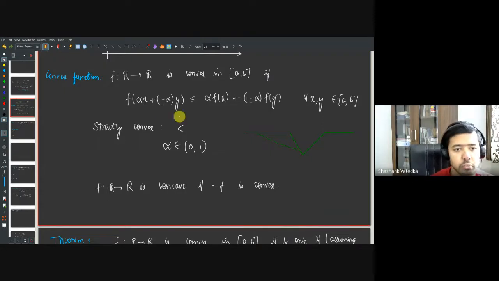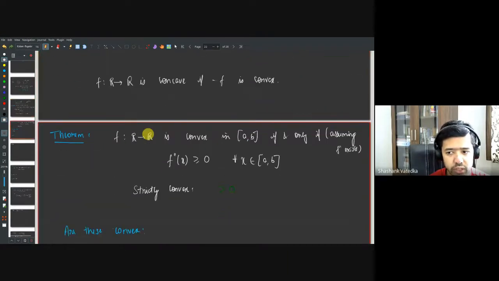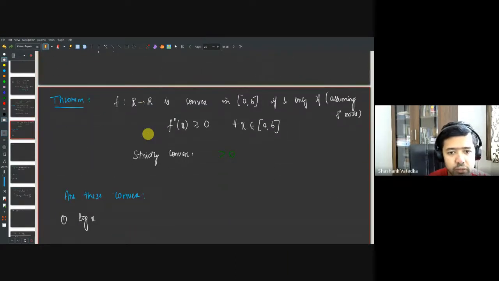Okay, so this is the formal definition of a convex function, but you may have seen this in a slightly different way in your plus two or the first year of your undergrad. You say that a function is convex, or this is a necessary and sufficient condition for convexity: a function is convex if and only if the second derivative is greater than or equal to 0.